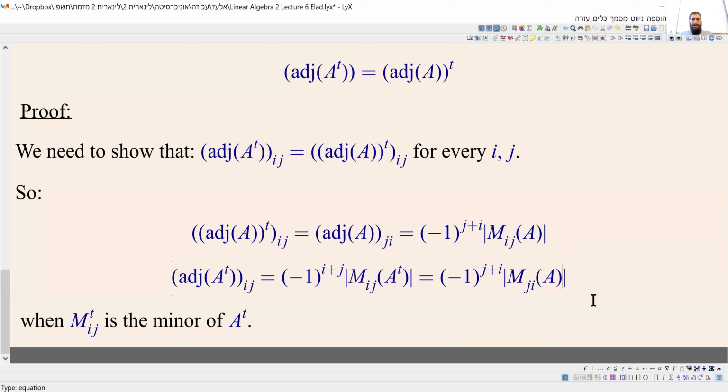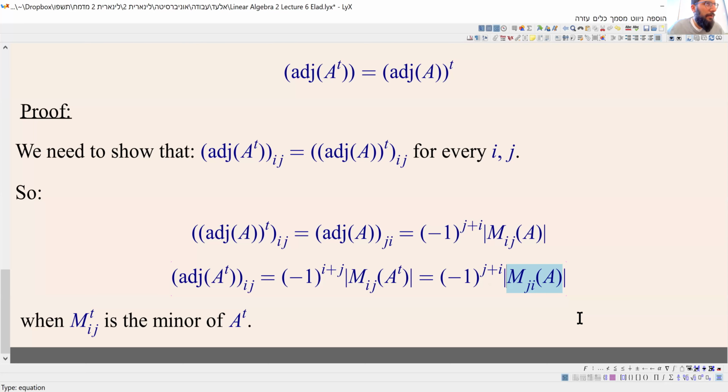And right now, it's not the same minor. It's the ij and the ji. But it's still the same element, because we don't talk about the minors themselves, we talk about the determinants of the minors.